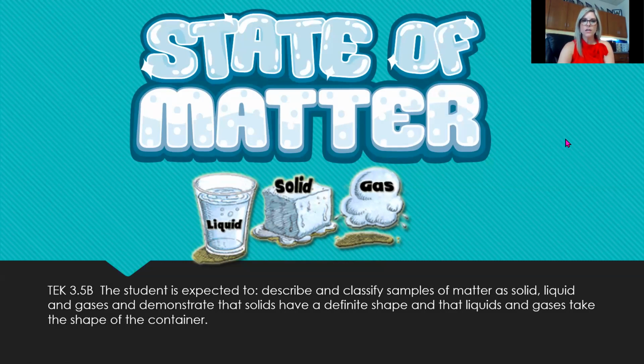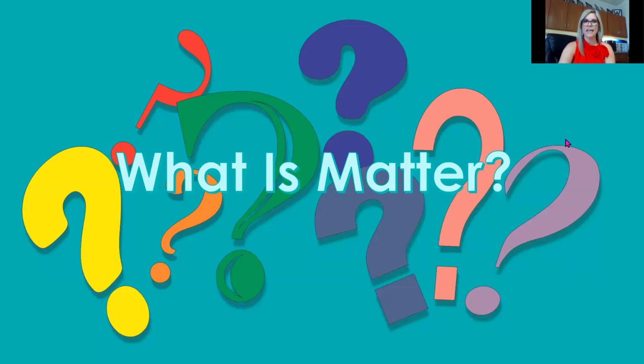It says the student is expected to describe and classify samples of matter as solid, liquid, and gases, and demonstrate that solids have a definite shape and that liquids and gases take the shape of a container. And so that's some of the things that we're going to learn today.